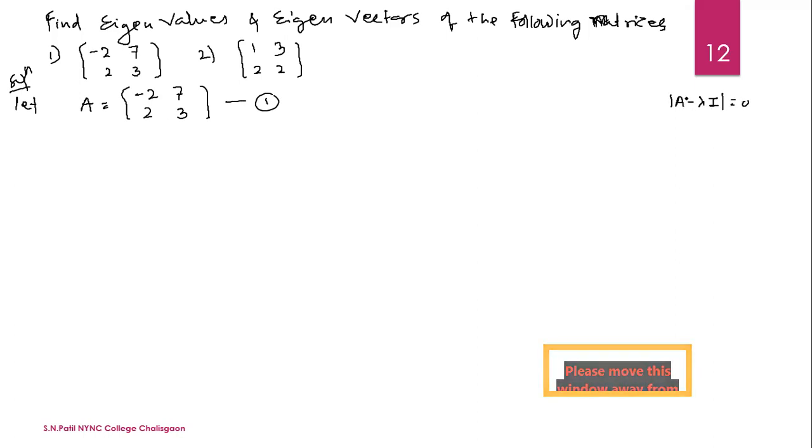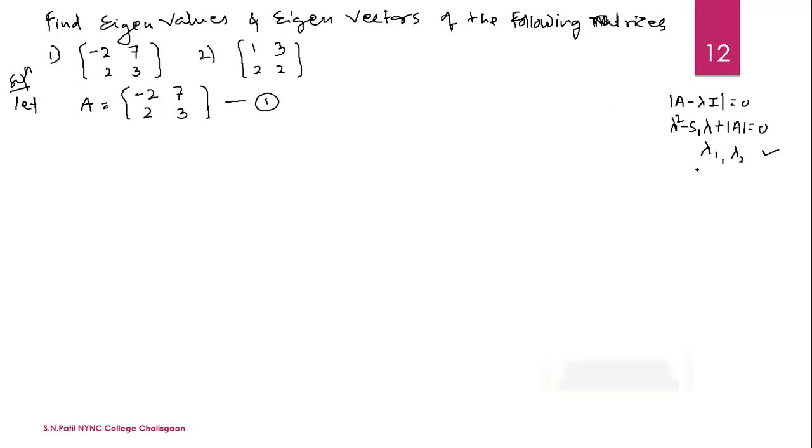If the order of the matrix is 2 by 2, I am going to use the formula lambda square minus S1 lambda plus determinant is equal to 0, where S1 is the sum of the diagonal elements. After substituting S1 and the determinant, we get the two roots, lambda 1 and lambda 2. These roots are the eigenvalues.